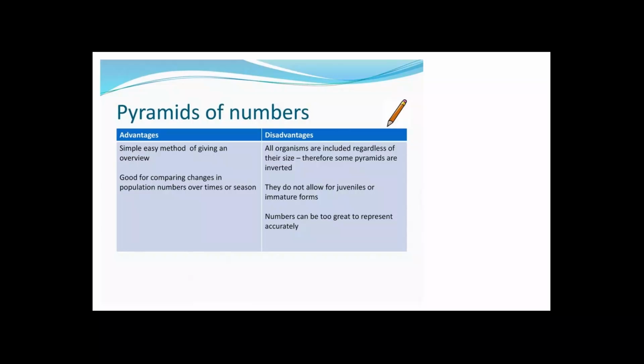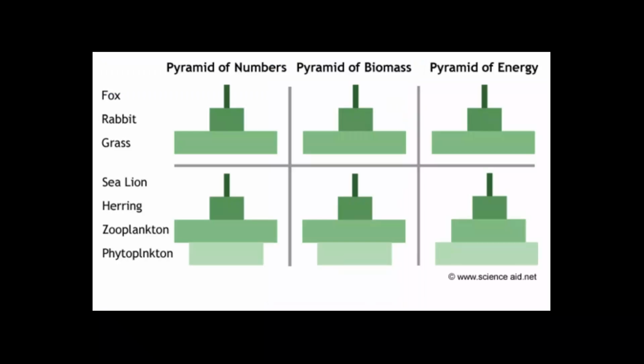Therefore, some pyramids are much more likely to be inverted. And they do not allow for juveniles or immature forms. They are still given the same number as an adult. And sometimes numbers can be too great to represent accurately. Sometimes it's too difficult to count all of those numbers.